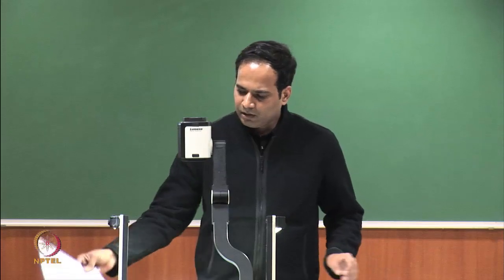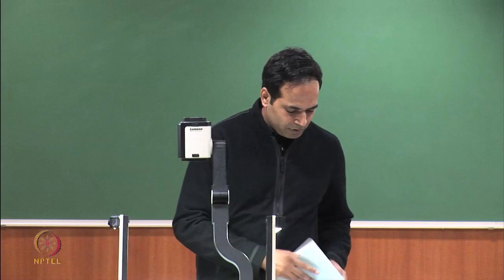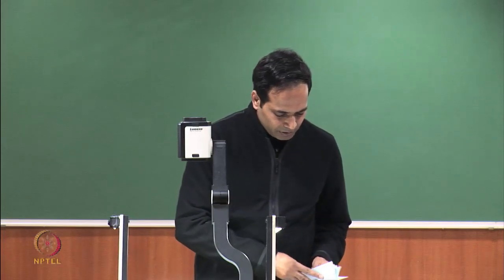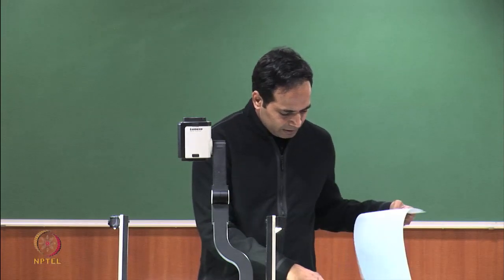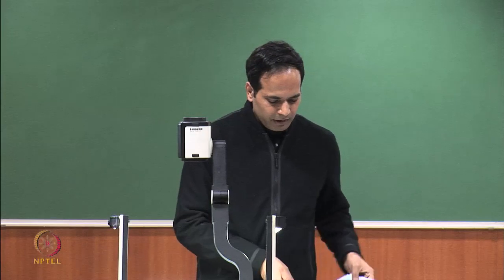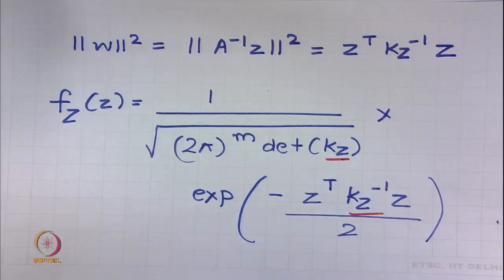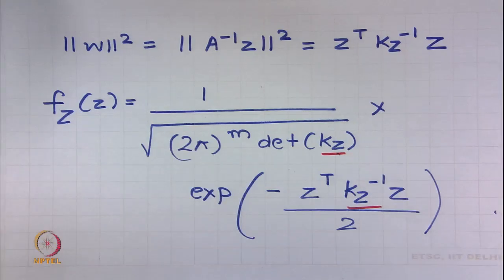Okay, let us conclude this issue by relooking at the probability density function of random vector z. So, let us use this one. We have already derived the joint probability density function of random vector z, and this is also a tool to define Gaussian random vector.